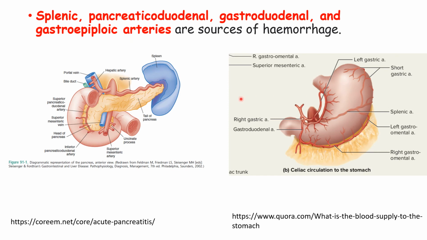If you look at this image, you can see that the pancreas is surrounded by several important arteries. If there's severe inflammation of the pancreas, many of these arteries can become inflamed and eventually even rupture.